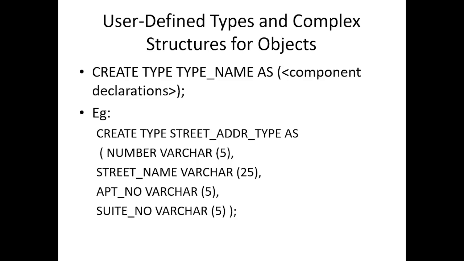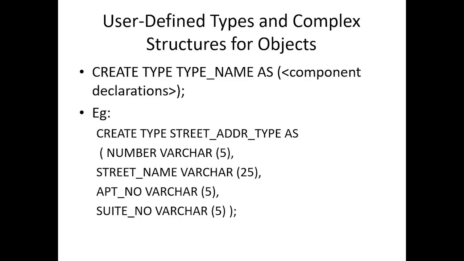So SQL provides user defined types, and in addition to the collection types, it allows for collections, that is multi-value types and attributes, in order to specify complex structured objects rather than just simple records.